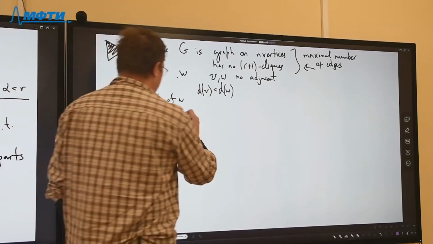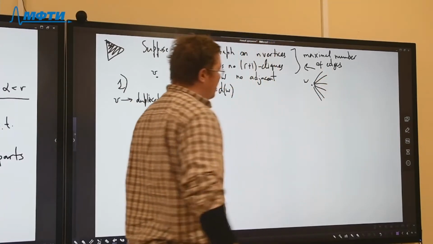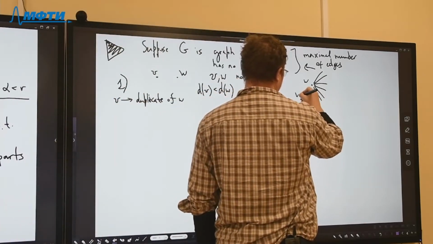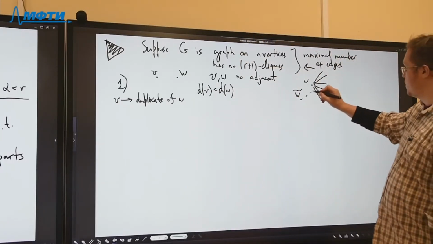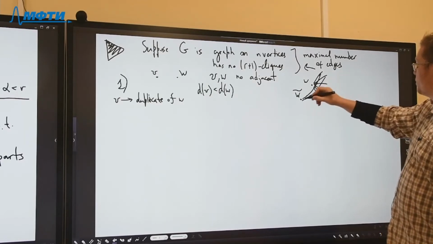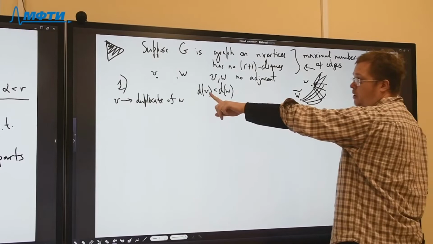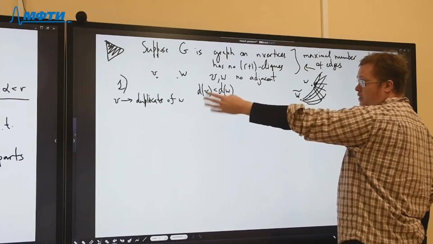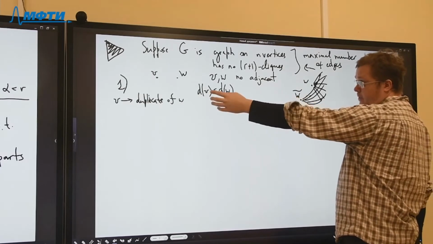We look at the vertex W, look at all the edges that go to different vertices, and we add a new vertex W tilde connected to the same vertices as W. So now we have a bigger number of edges because we changed our vertex V. We omit the vertex V, get rid of it, and change it by W tilde. And now we have a new graph.